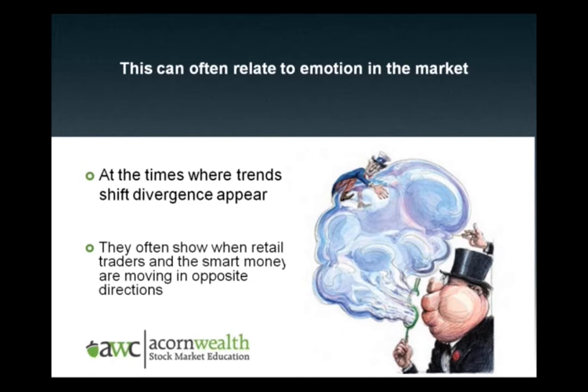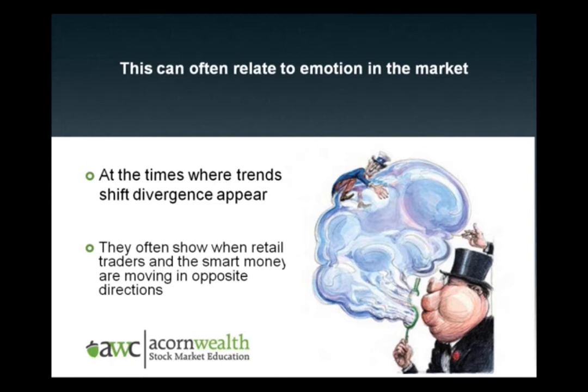But one of the key things that we want to see is when smart money and retail money depart from each other. Because if you look at Dow theory, of course, that's the whole idea, that there are three types of trading environments. There's the accumulation zone, where the smart money is getting in.